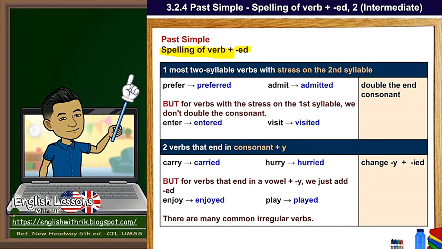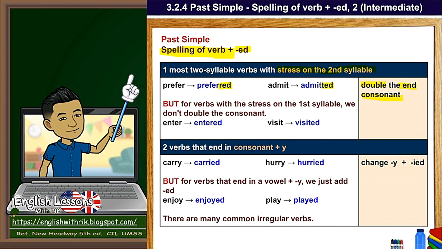For most verbs with two syllables, with the stress on the second syllable, we double the consonant. For example, prefer, preferred, admit, admitted. But for most verbs with the stress on the first syllable, we don't double the consonant.